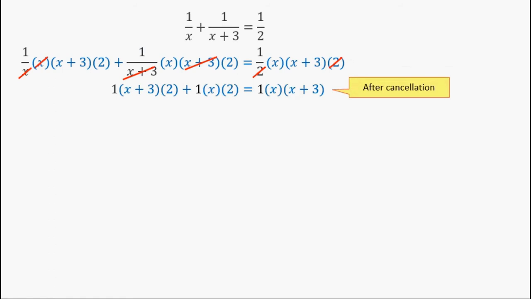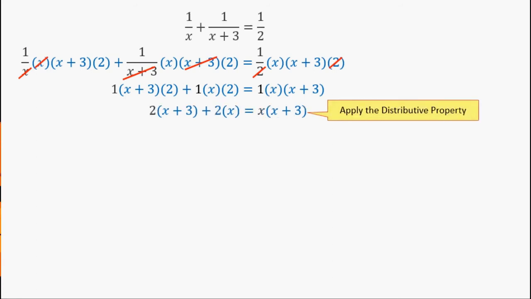So on our next line, we have 1 times the quantity of x plus 3 times 2 plus 1 times x times 2 is equal to 1 times x times the quantity of x plus 3. Simplify each term by multiplying the factors.